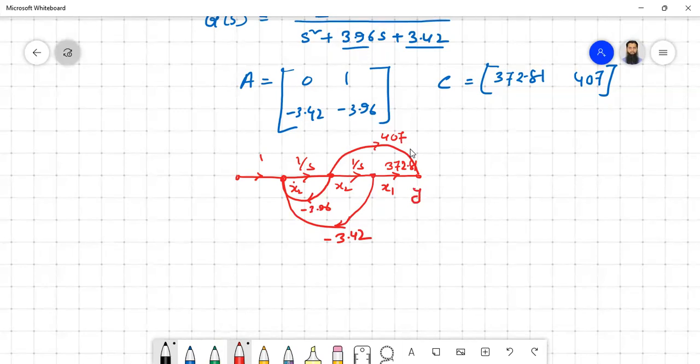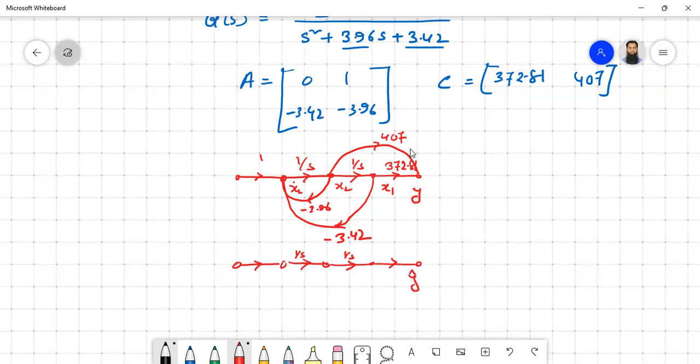Now if you have a replica of the actual system, this is our output coming, and this output is known as y hat.